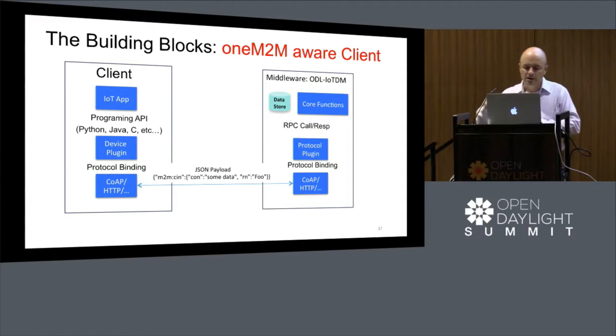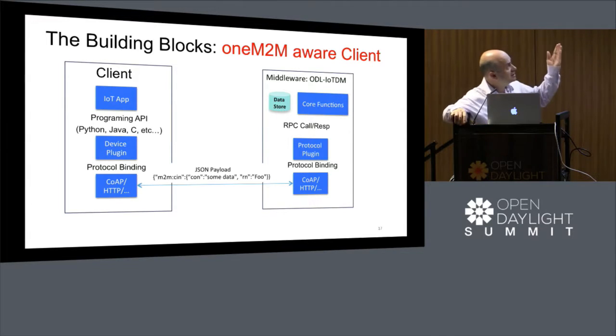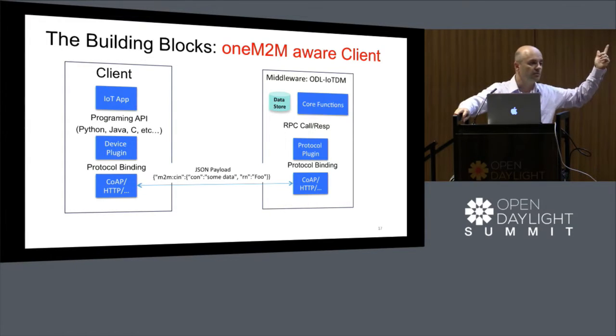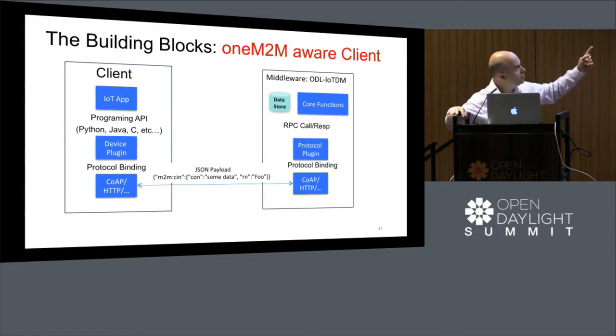In fact, if somebody wanted to be part of the oneM2M family, this is enough. If you have a device that can generate a string that looks like this, then this is enough to be oneM2M compliant. Actually, you can even generate less than that because the foo on the right-hand side is the resource name. So you could actually generate just the m2m:cin, con, some data, and close brackets, and that's it.